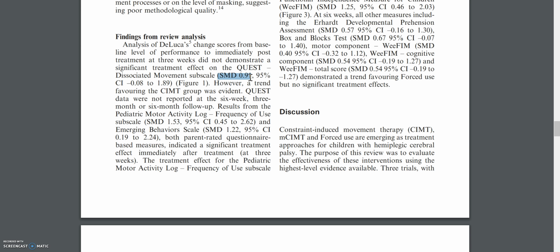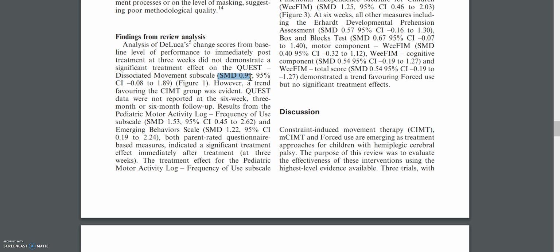So for example, in this study they're all looking at the outcome for constraint-induced therapy for children with cerebral palsy. But each of the studies that they actually included in the systematic review measured it in different ways. So it wasn't all the same. So they're showing you that they measured what that standard mean deviation is.